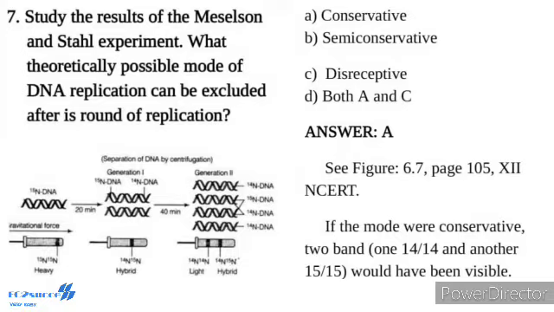Matthew Meselson and Franklin Stahl performed the following experiment in 1958. Step number 1. They grew Escherichia coli in a medium containing NH4Cl with N15, the heavy isotope of nitrogen, as the only nitrogen source for many generations.